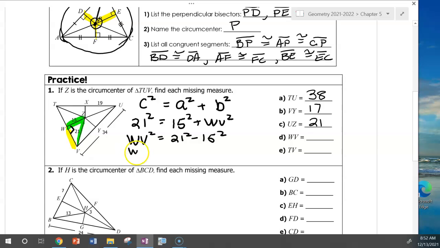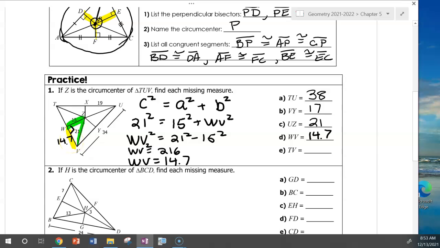So WV squared equals 216. Take the square root of that. So WV equals, I'm just going to punch my square root button. And I get 14.7. So WV is 14.7.